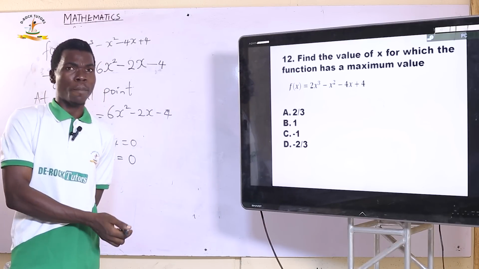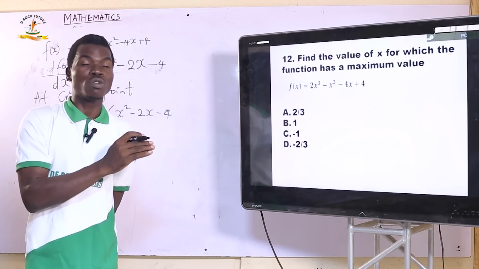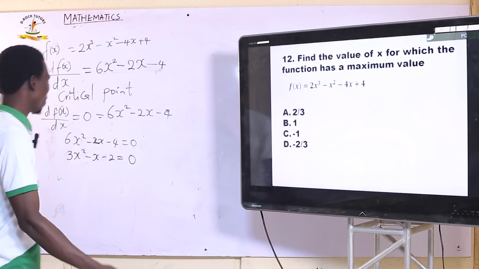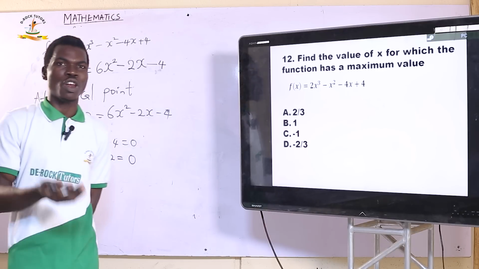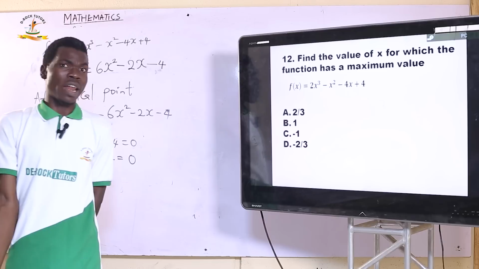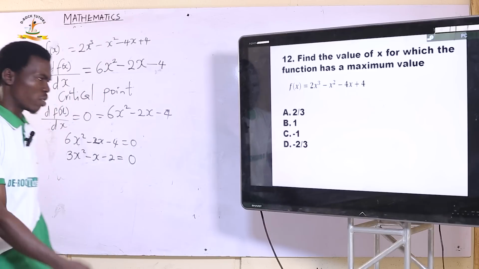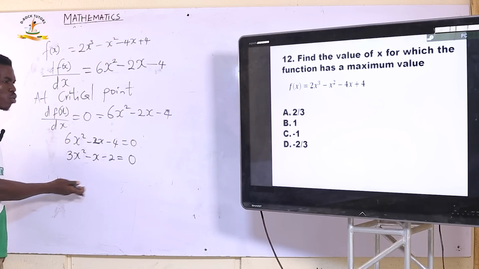Now I told you in our previous question that an equation still holds its value if what you do to one entity in that equation, you do to every one of them. So here it makes it simplified for me, and now I can make use of my factorization method. If you like, you can make use of any method, but I prefer the factorization method in this case. So in my factorization method, how do we go about it?